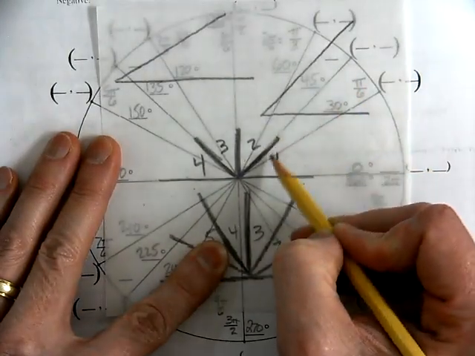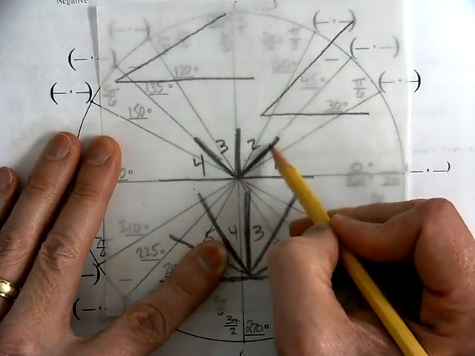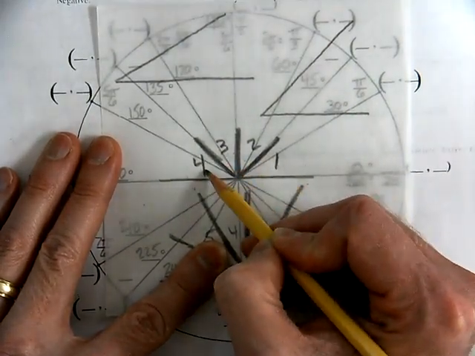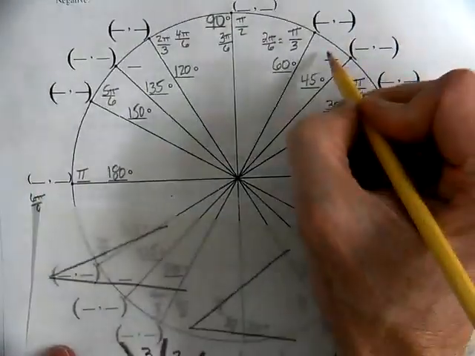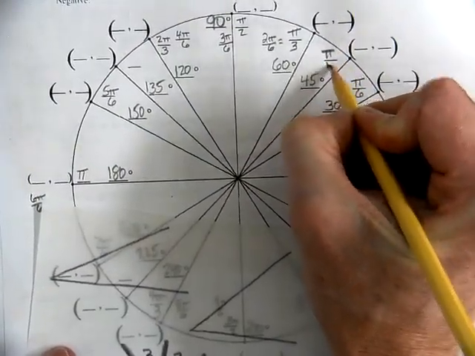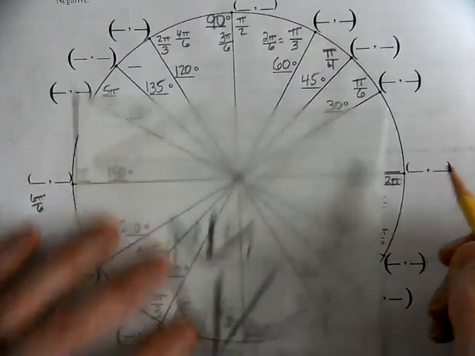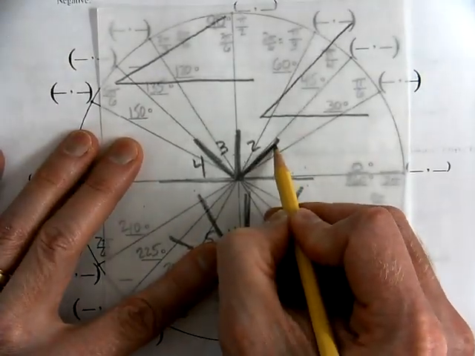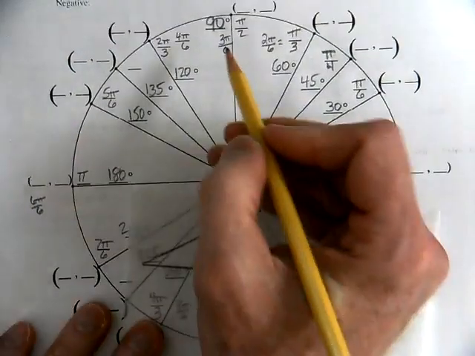So this is going to be 1 pi over 4, because it was one of the slices of the 4 that make up pi. So this is pi over 4. This would be 2 pi over 4.